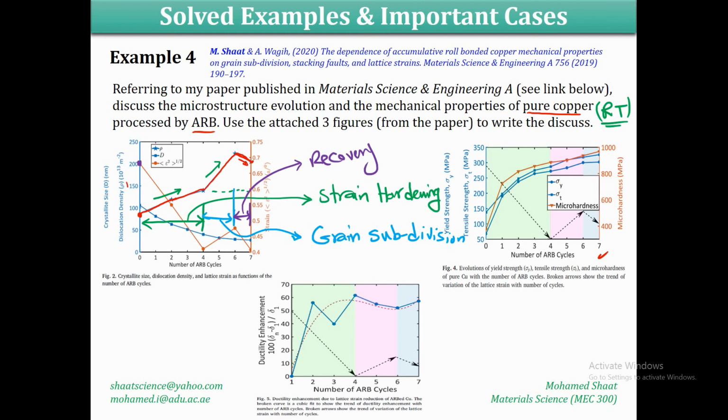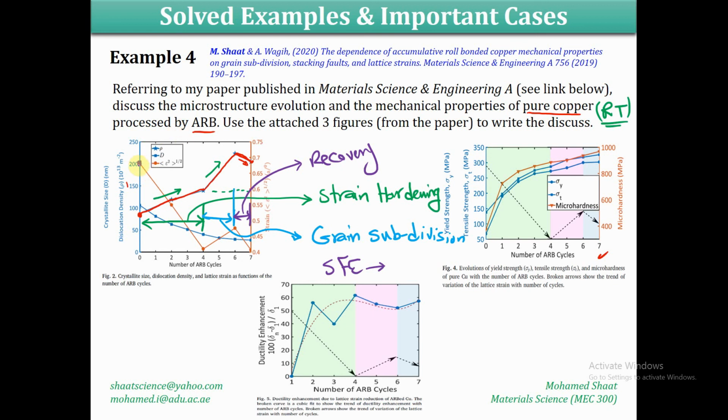But this is because of something that we call the stacking fault energy of the copper. Copper is known to have a low stacking fault energy, which allows it to relieve any residual stresses automatically. But anyway, I don't want to give you more detail that would confuse you.